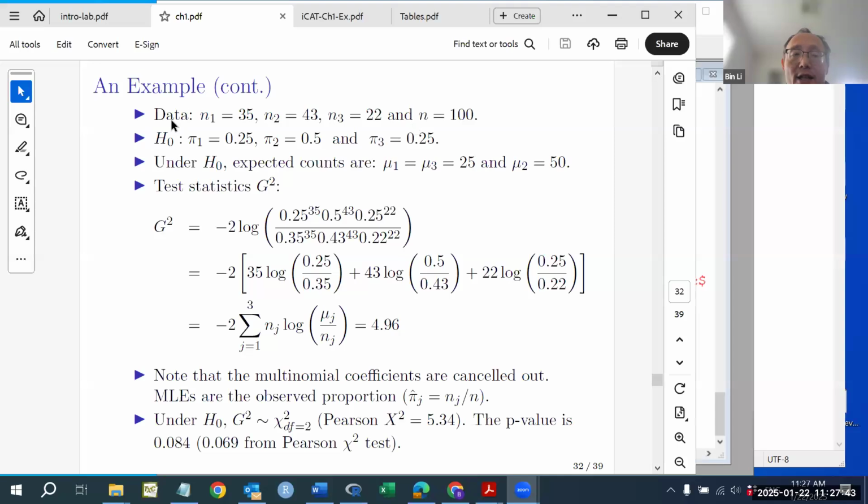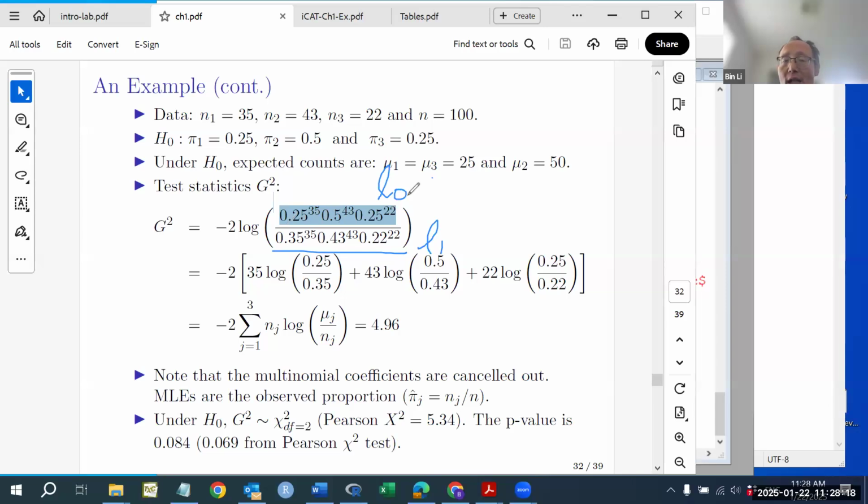Okay, now let's see the likelihood ratio test in the previous example. In the previous example, these are the observed data. N is 100. The null hypothesis is this. And the test statistic using the likelihood ratio test is -2 times the log of, okay, that's L0, that's under the null. And this is L1, that's under the alternative.